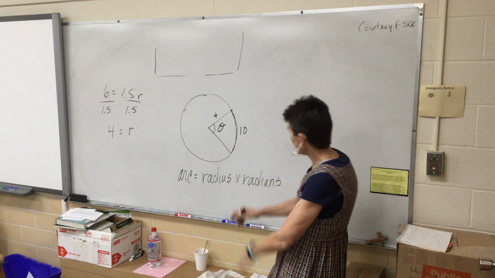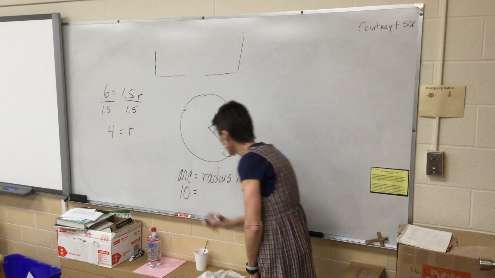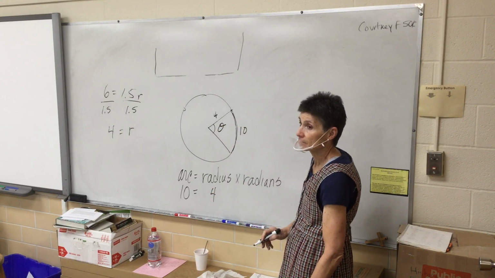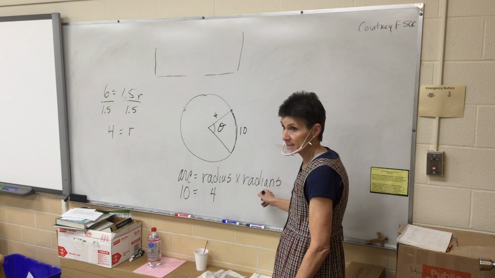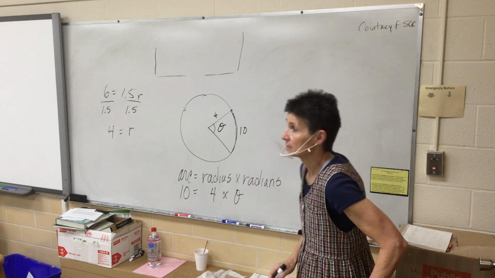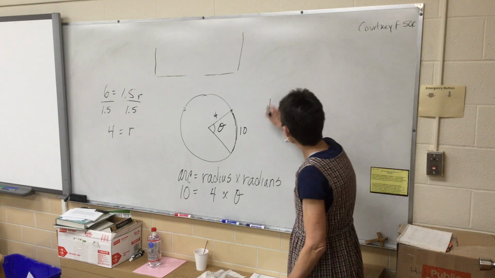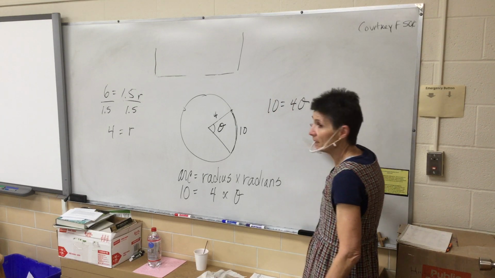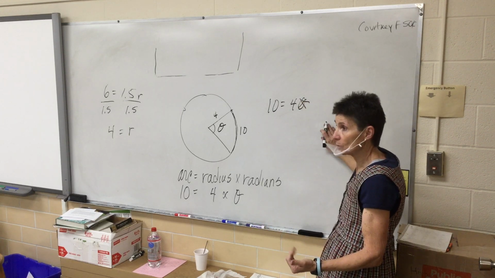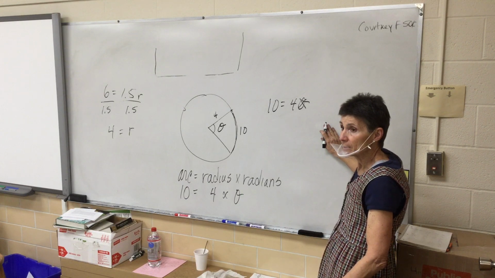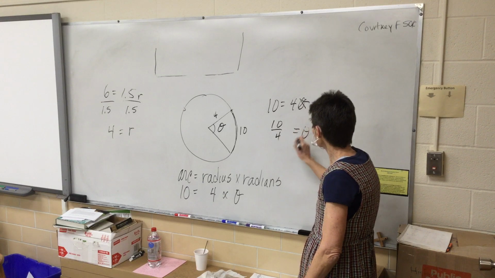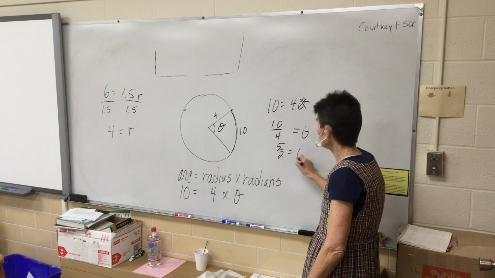Plugging in what I know, 10 is the arc, 4 is the radius, and I don't know this, so I'll just say theta. So 10 equals 4 theta, or 4x. That's just your variable, don't let it bother you. So what's theta? 10 over 4, which is 5 halves, 2 1/2.